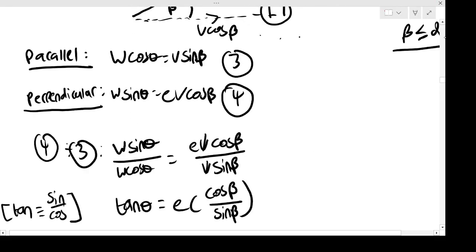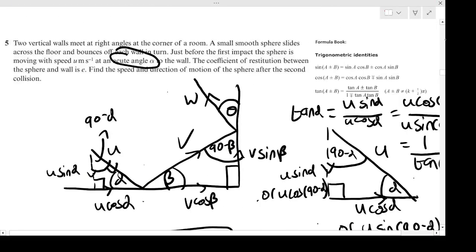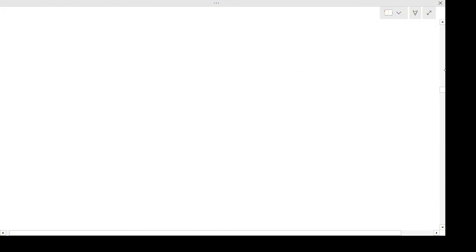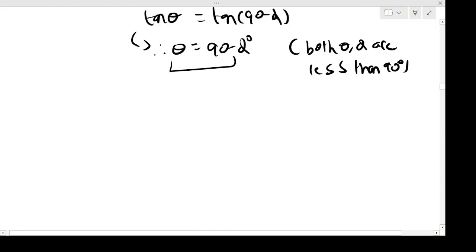Now, it's asking for the speed and direction of motion. Now usually the direction of motion is the angle, but they're looking to be a bit more specific here. And this is where, if you remember, we're going to use the other common technique.